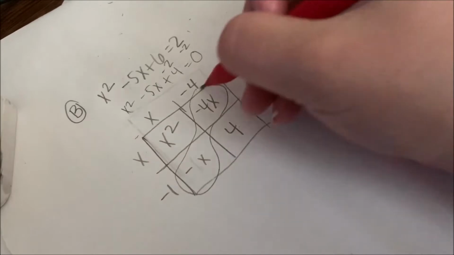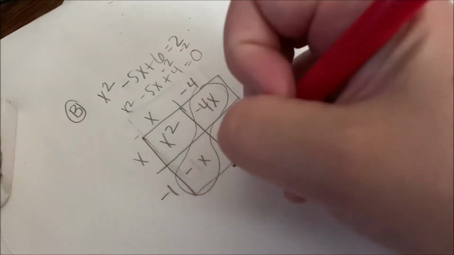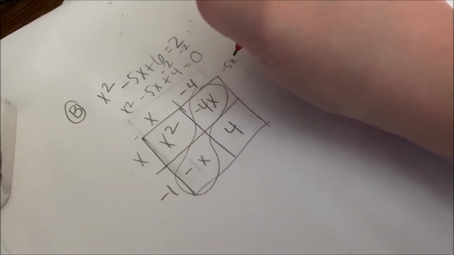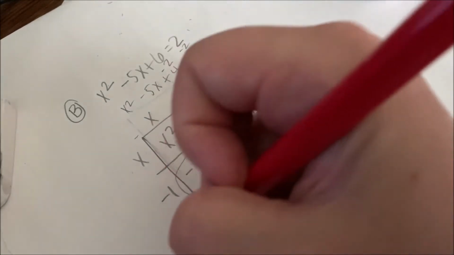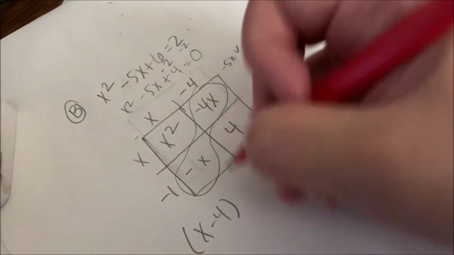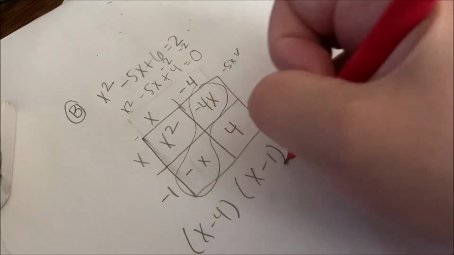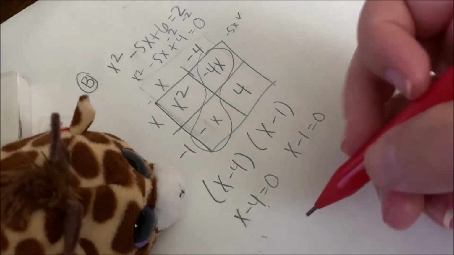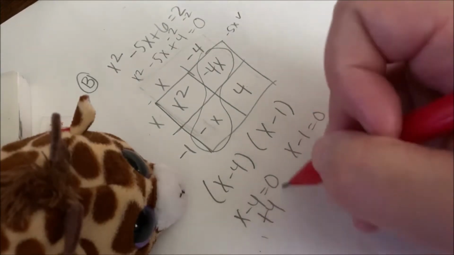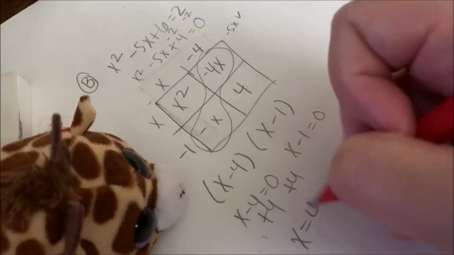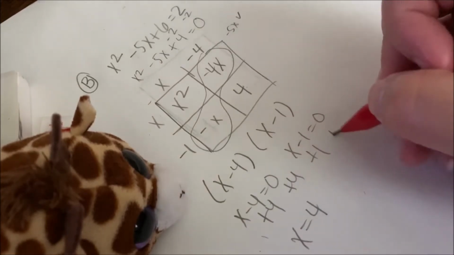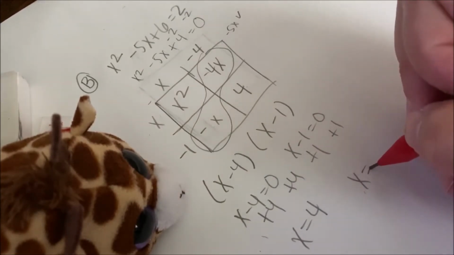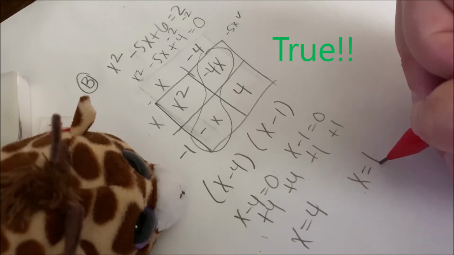And when I add those two together, that gives me negative 5x. Okay, so here we go. X minus 4 and x minus 1. Set them equal to 0. X equals 4 and x equals 1.